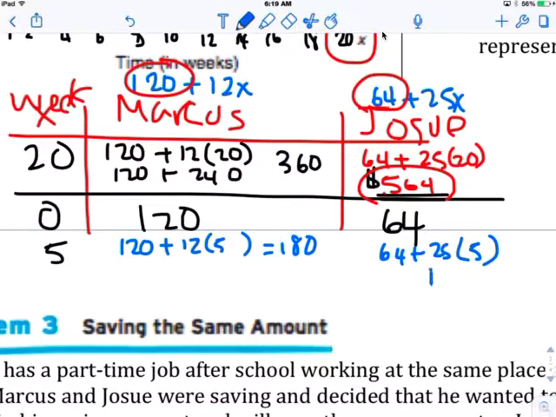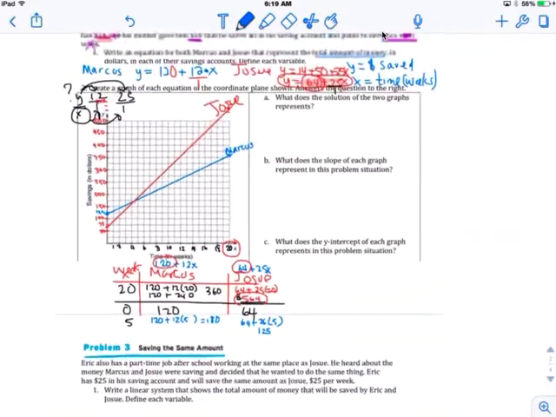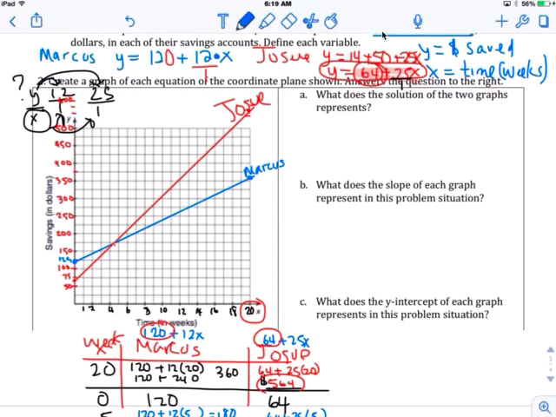Yeah, this is 125. I don't think they have an exact intersection. Let me look at this.